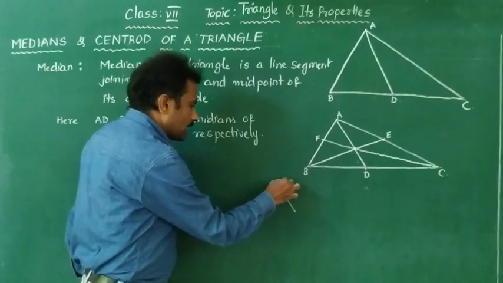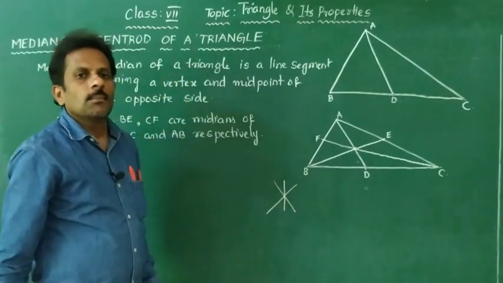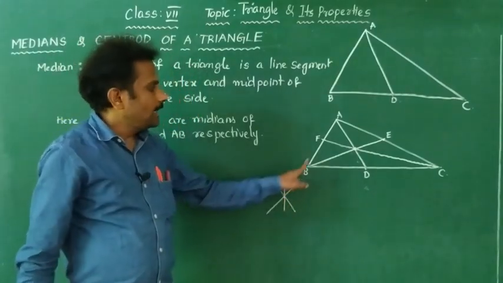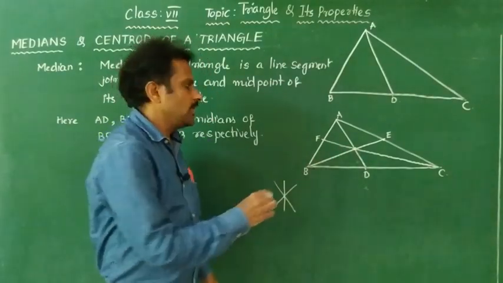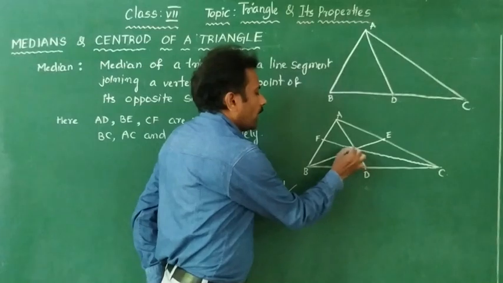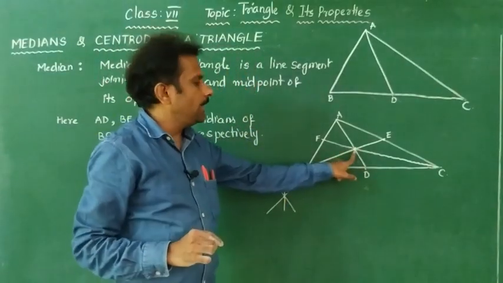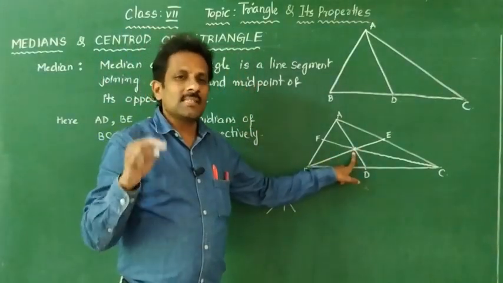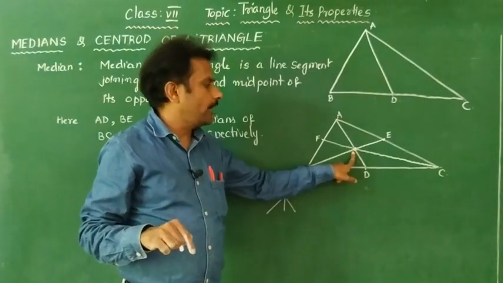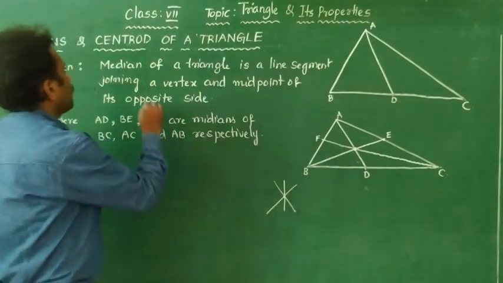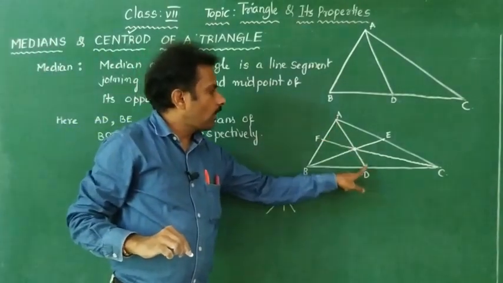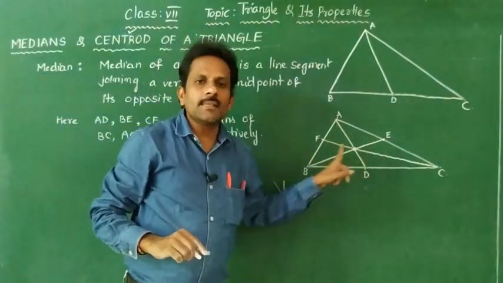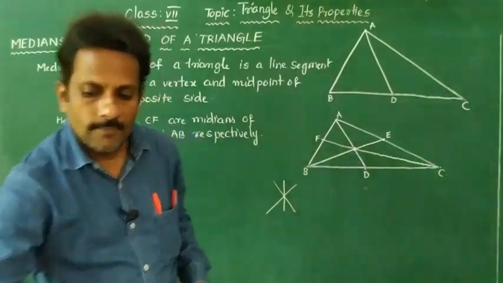If three lines intersect at the same point, we say point of concurrence. Here the three medians are meeting at the same point. So this point is said to be the point of concurrence of three medians. Then what is the special name of that point? It is called centroid. The centroid is nothing but the point of concurrence of all three medians of a triangle.